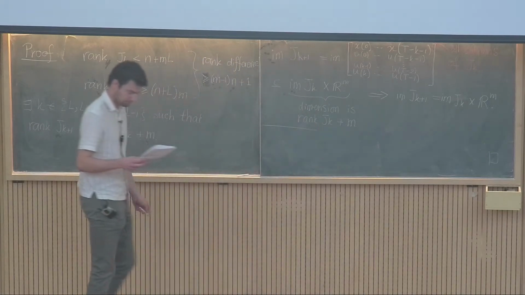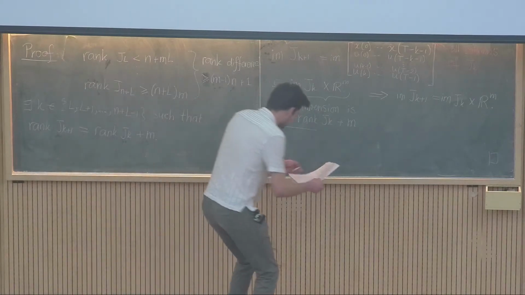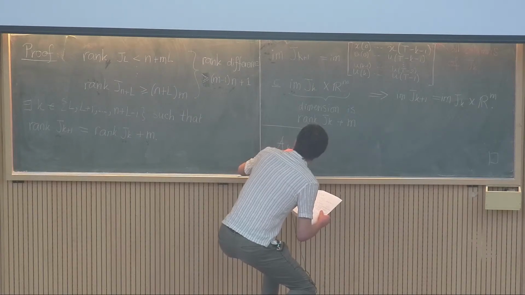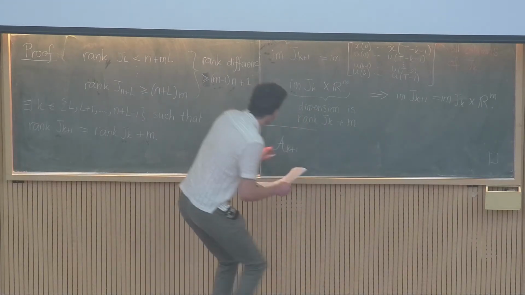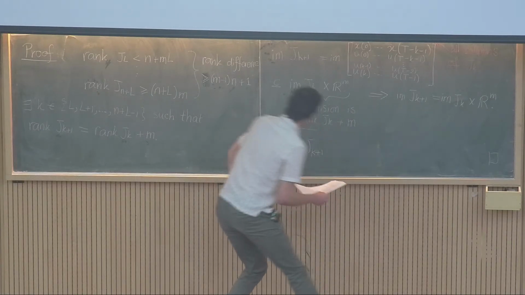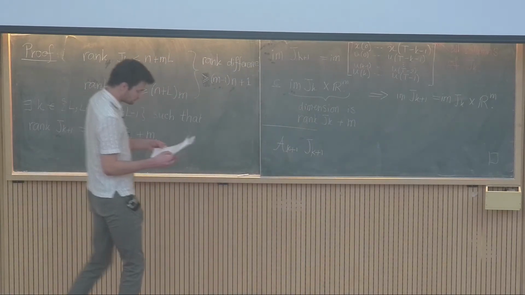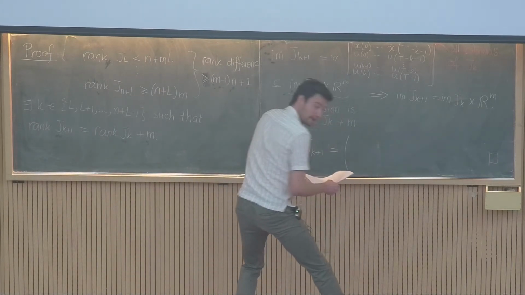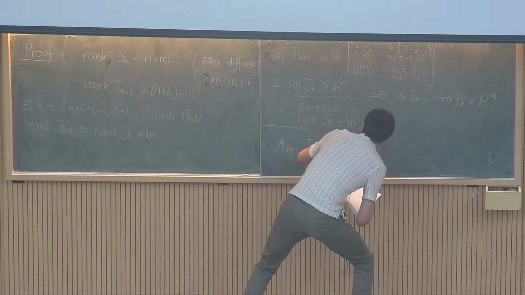Now I continue. I'm going to work out now the product calligraphic A_{k+1} times J_{k+1}, like this. So what was this again? Well, the A_{k+1} was this extended A matrix.